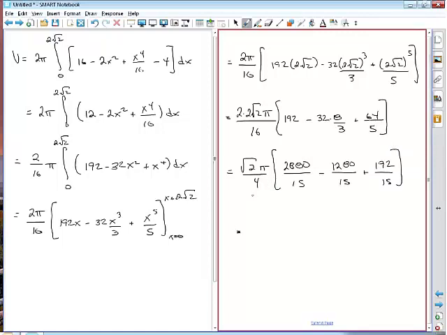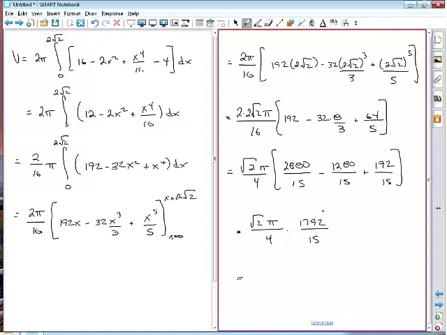So 192 divided by 15. So if you do all that, 2880 minus 1280 plus 192, you get 1792. So we get the square root of 2 times pi divided by 4 times 1792 divided by 15.